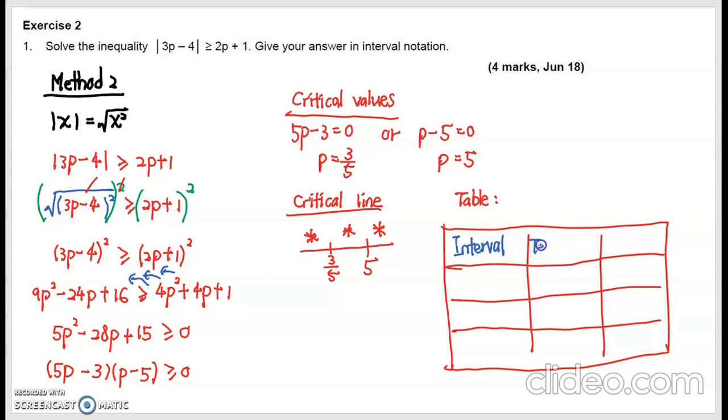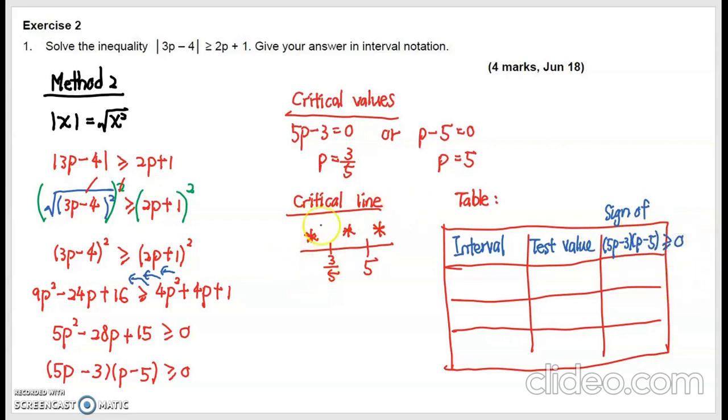The second column is test value. The third column is the sign of our inequality, where 5p minus 3 times p minus 5 must be greater or equal to 0.